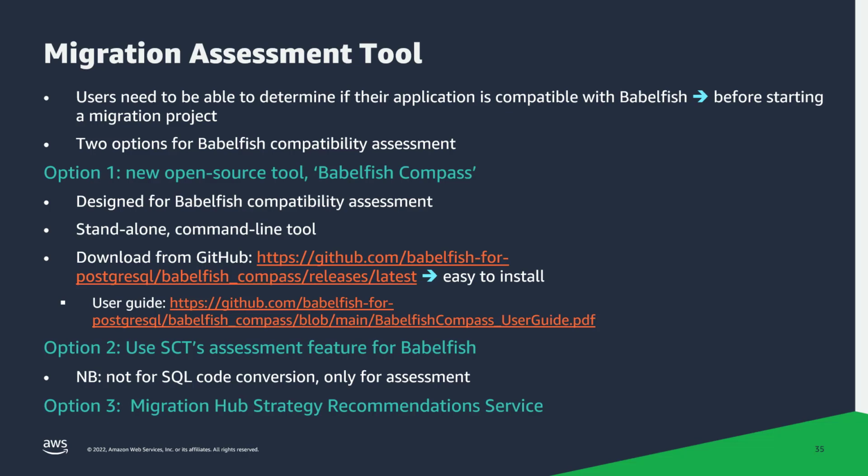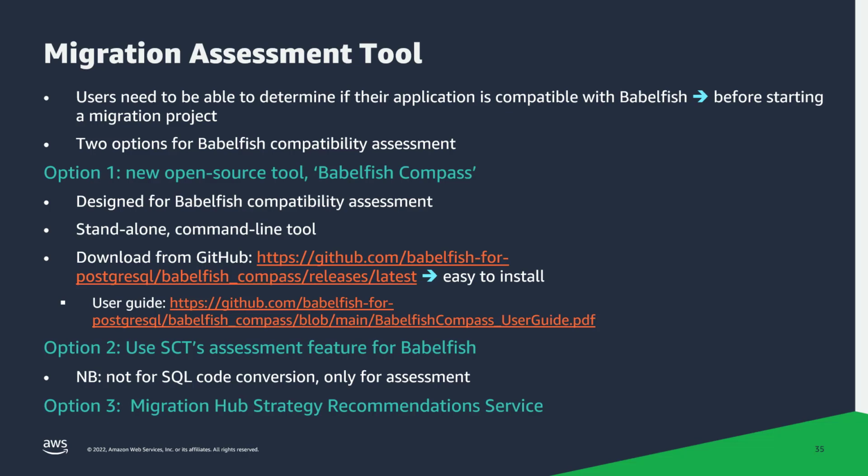Now, if you need to assess and determine if your database is compatible with Babelfish before starting your migration, you can do the assessment using a couple of different options. The first one is an open source tool called Babelfish Compass. It is a Babelfish compatibility assessment tool, a standalone CLI tool.